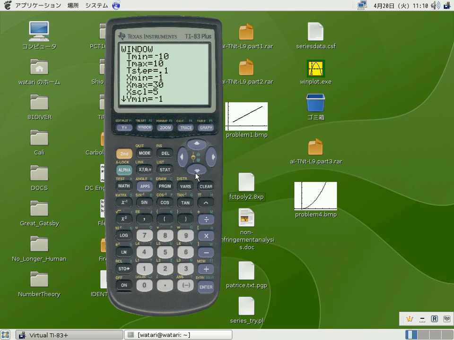And for y, we want it to go from about negative 5 to positive 5. And why don't we put this one in steps of 2, so we don't get it too cluttered up. All right, so that ought to graph out pretty nicely.